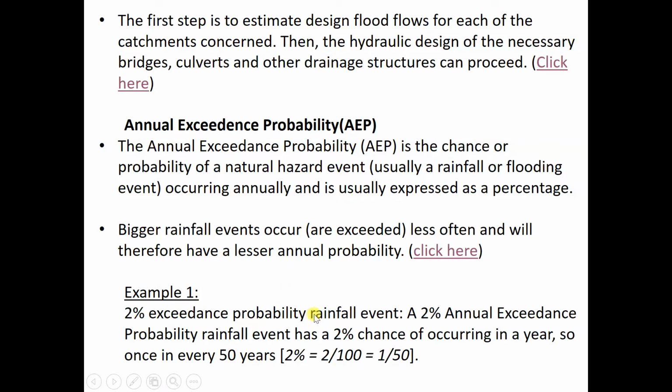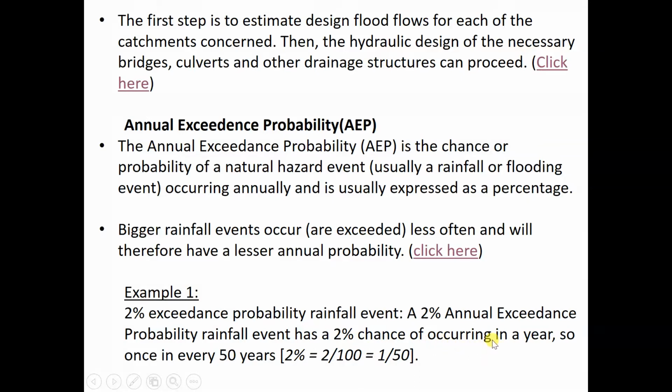Okay, so the AEP is the annual exceedance probability. Let's say a 2% annual exceedance probability rainfall. That means it has a 2% chance of occurring in a year.